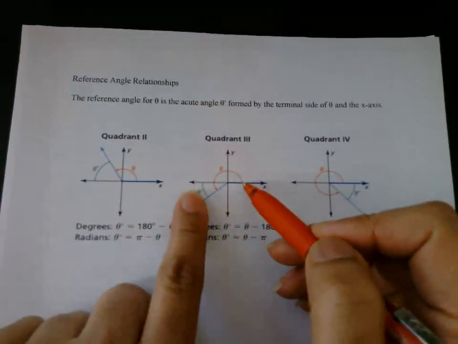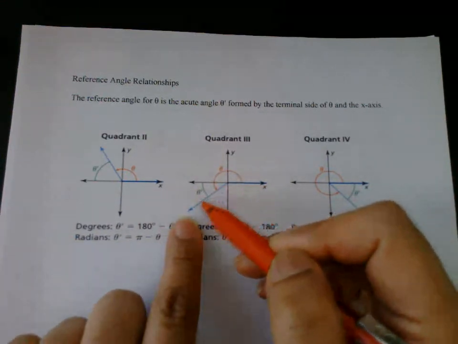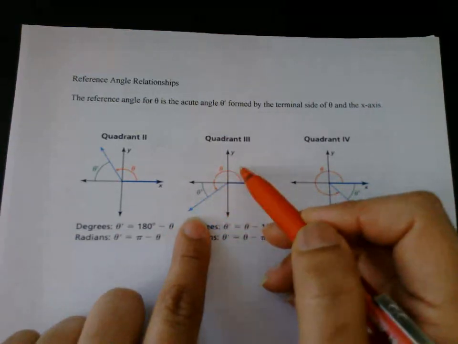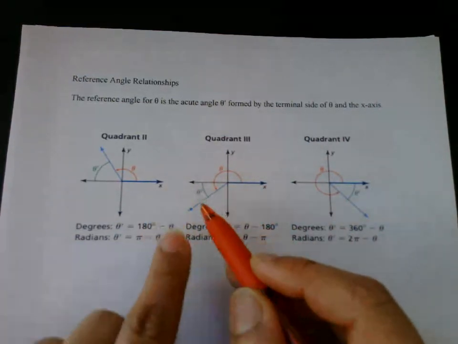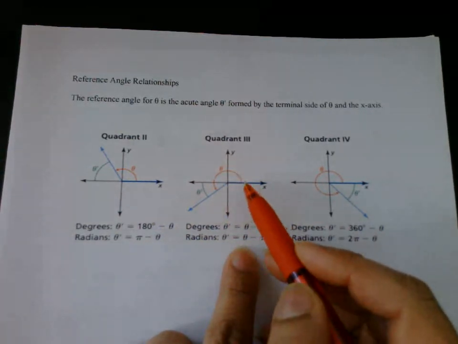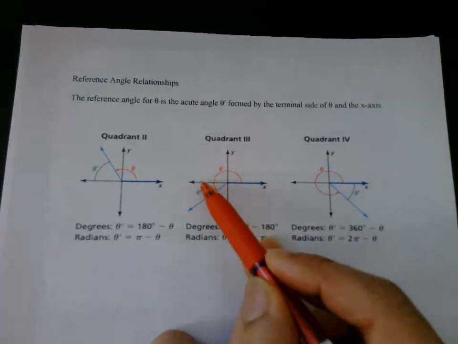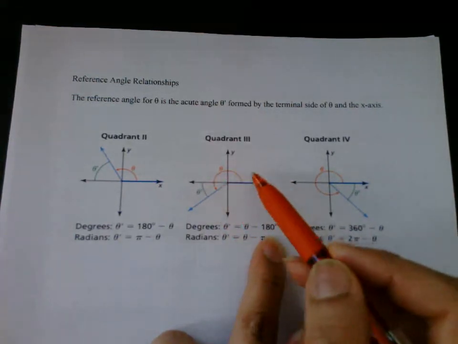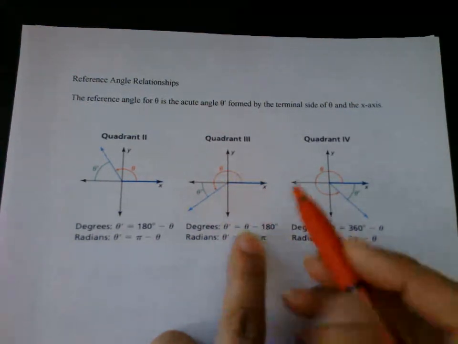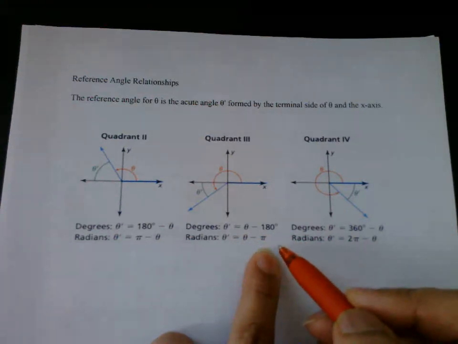If the circle angle has its terminal side in the third quadrant, it is more than 180 degrees. So it is the circle angle minus 180 degrees, because 180 degrees is less than the circle angle. So theta minus 180 degrees, or theta minus pi.